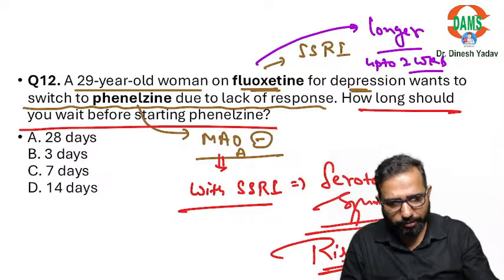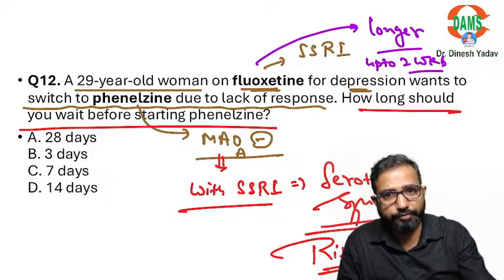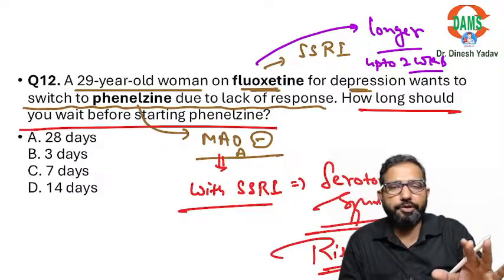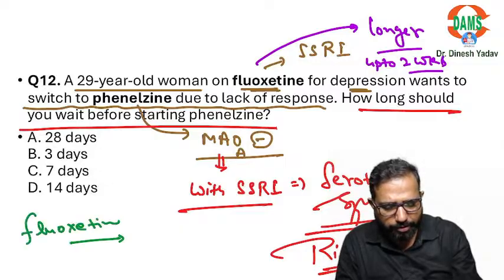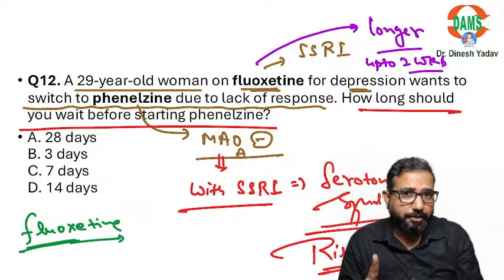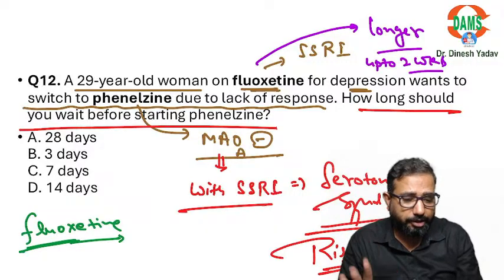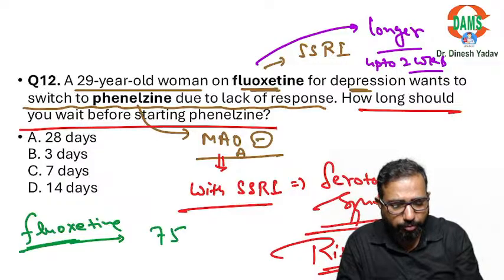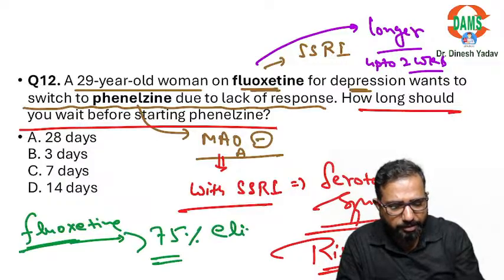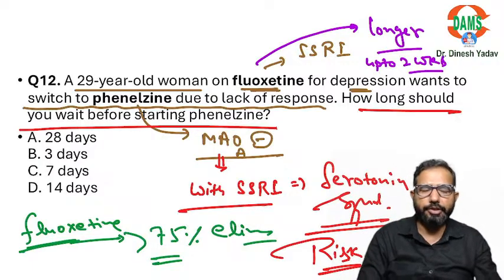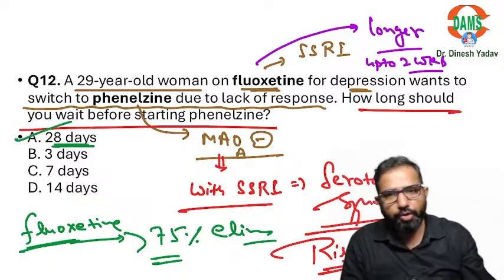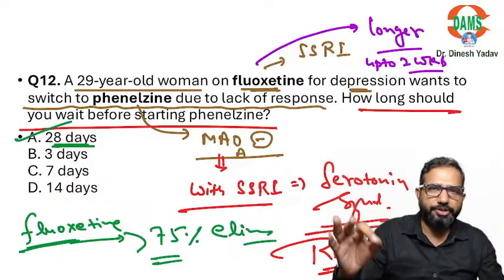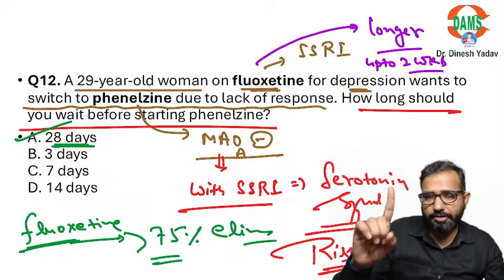You will see the effect of fluoxetine will continue, at least around 8 to 10 weeks, but more than 75% of the drug is eliminated if you wait for 2 weeks, 2 half-lives. So around 28 days most of the drug is out. The risk of serotonin syndrome is not there, and that's why we wait for 1 month.